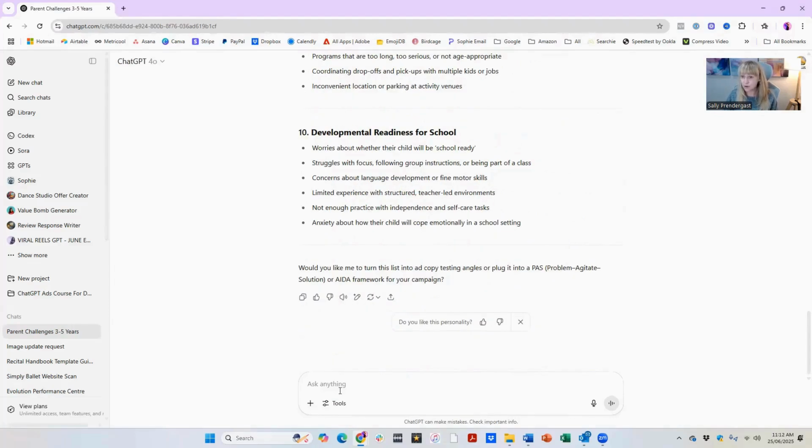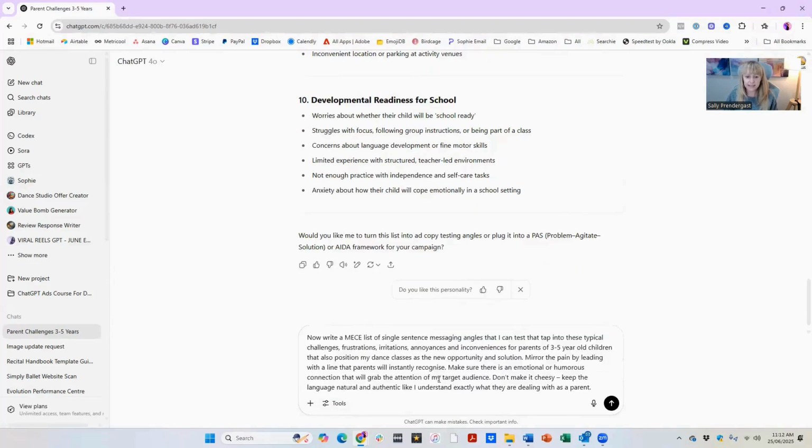Now I have a second prompt that will help us to come up with the messaging angles we can test in our ad campaign. It says, now write a messy list of single sentence messaging angles that I can test that tap into these typical challenges, frustrations, irritations, annoyances, and inconveniences for parents of 3 to 5-year-old children that also position my dance classes as the new opportunity and the solution.